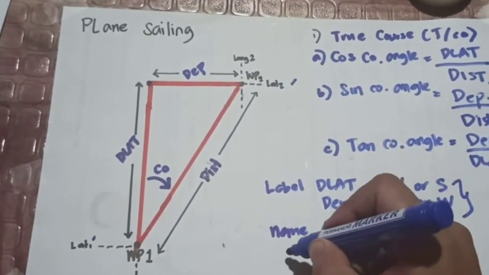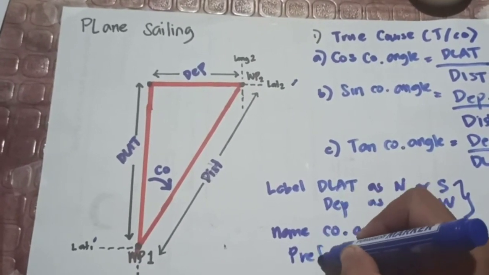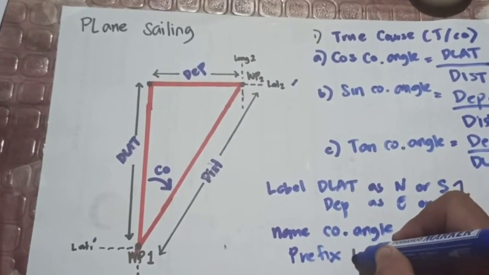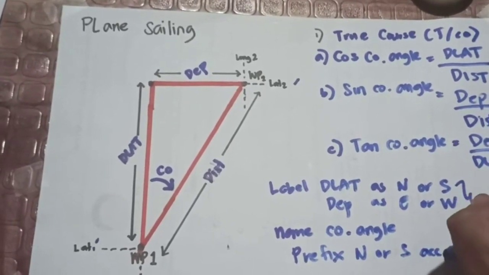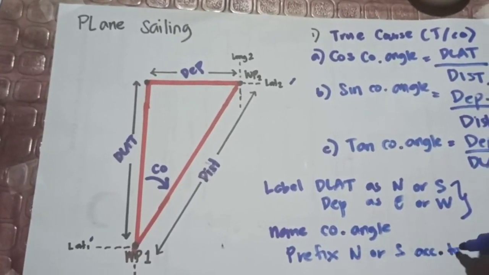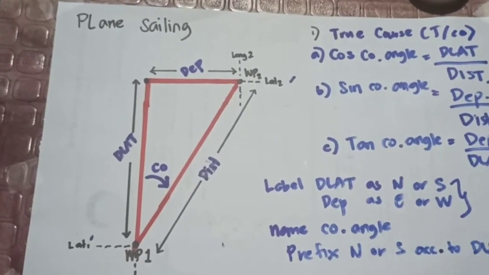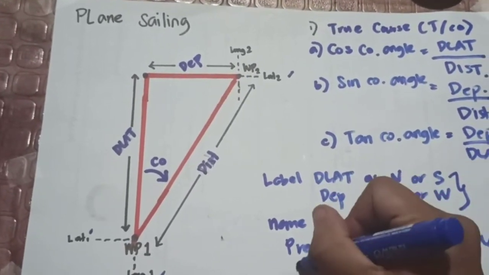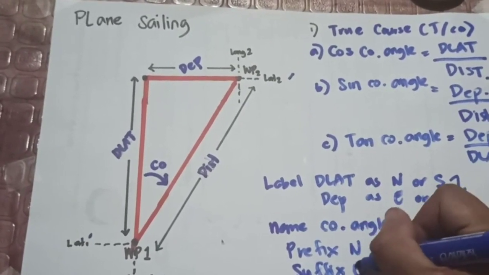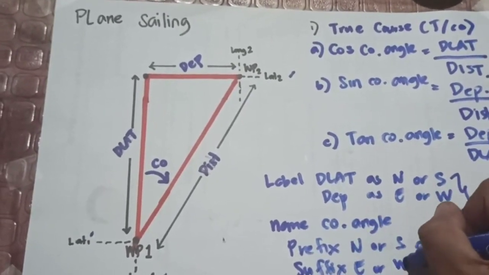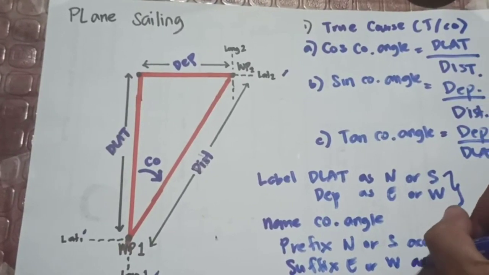We set an example as a figure on a piece of paper. Find the course and distance. Delat is 132 nautical miles north. Depth is 48 nautical miles east. We solve for a solution. Tangent course angle equals depth divided by delat. 48 divided by 132.